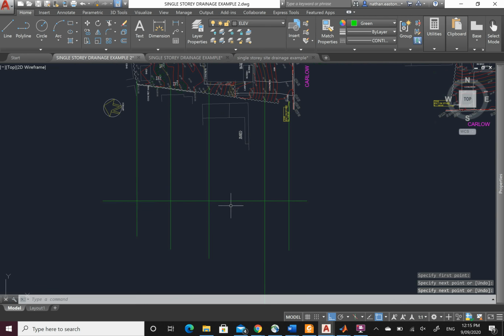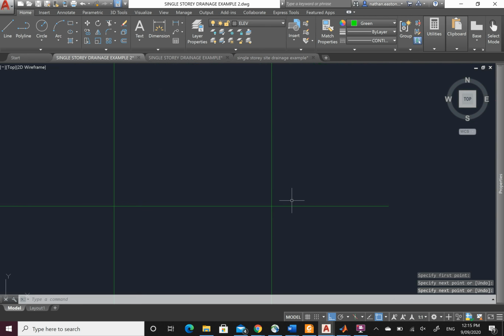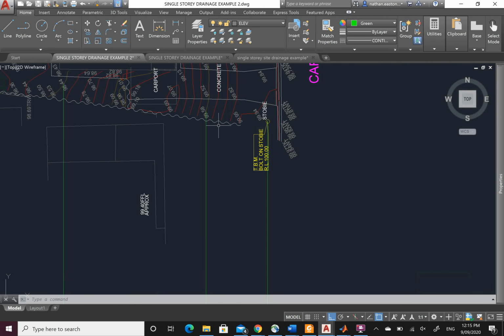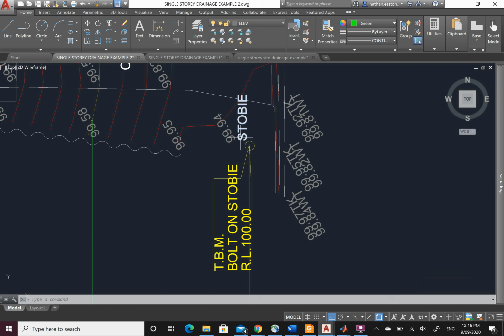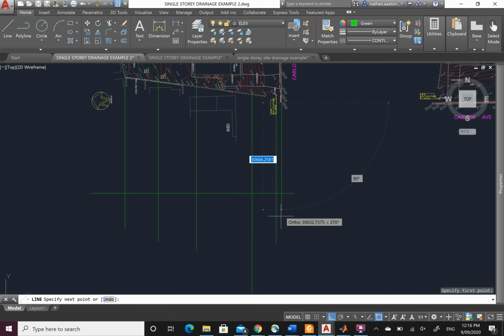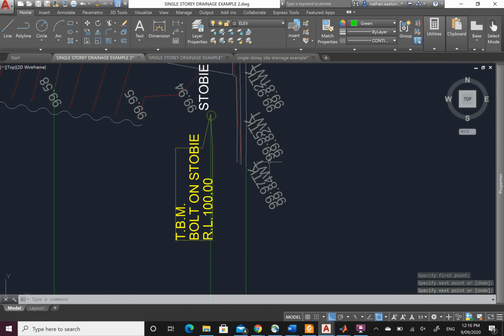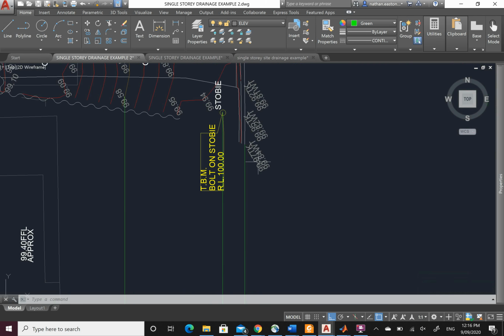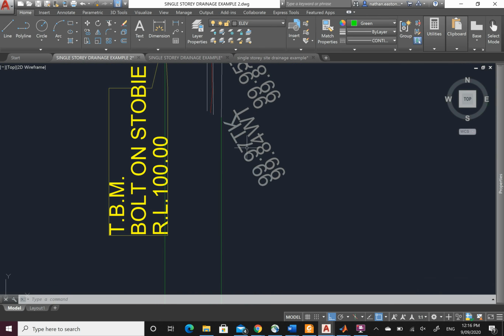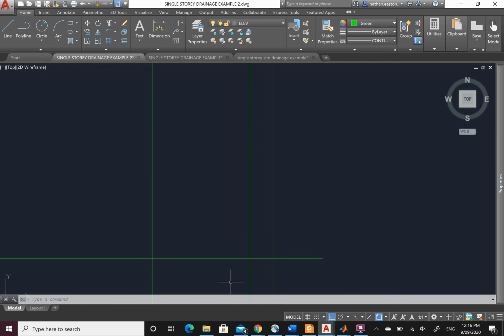So this I would take as my 100. This point here, the intersection between these two lines, is my RL of 100. And then what happens? Well, I have a small fall towards the street, which isn't the end of the world. So let's take it from, say, this line, so we can show that slope. RL of 100, I have 99.97. These are all in meters. So 97 to get to 100 is 0.03, which is 30 millimeters or 3 centimeters.